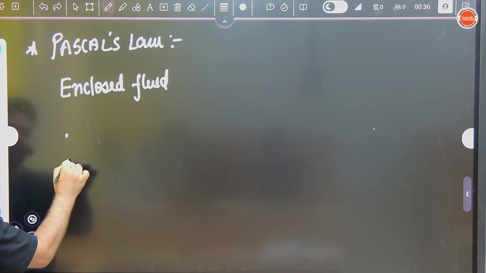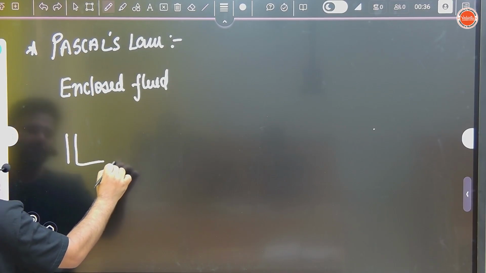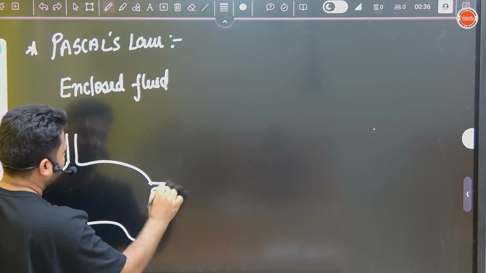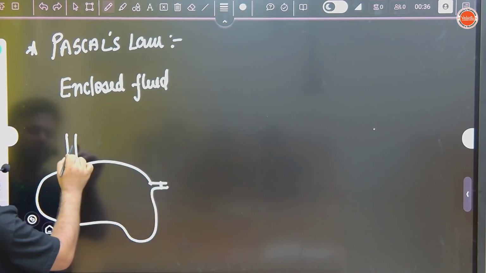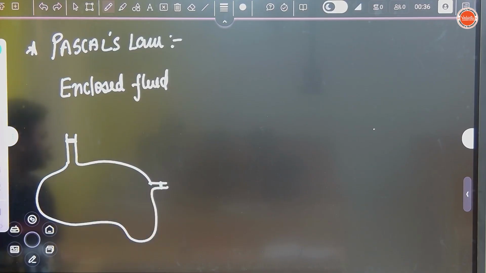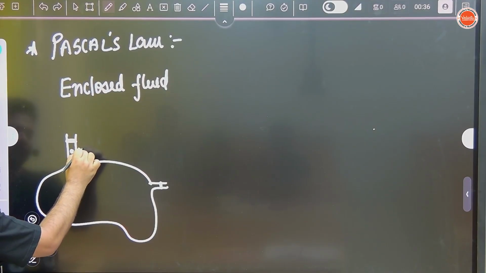Suppose there is a container like this, a surahi. I don't know how many of you know. And this is enclosed. Here the cover is there. At different locations, different pressure is there. Suppose here pressure is 2 units.